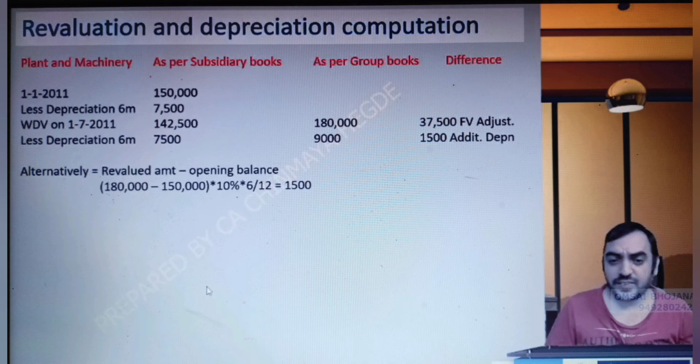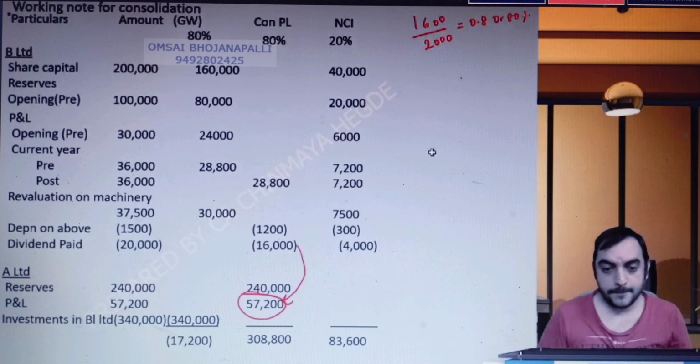Okay, let's see if you are able to get it. What are the amounts? The balance sheet reserve, and the P&L balance of 30,000 on 1/1/2011.